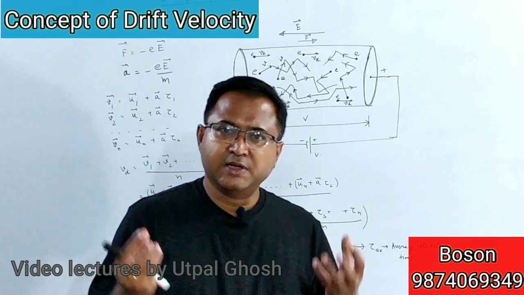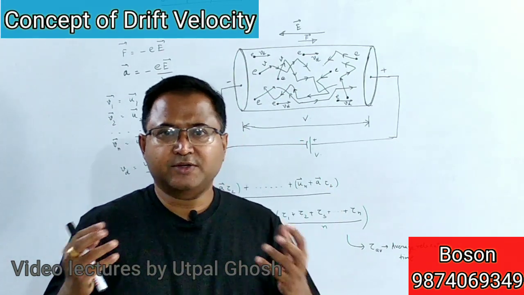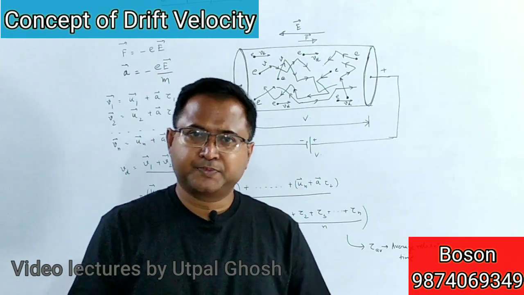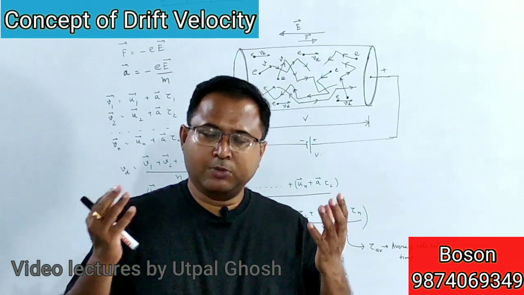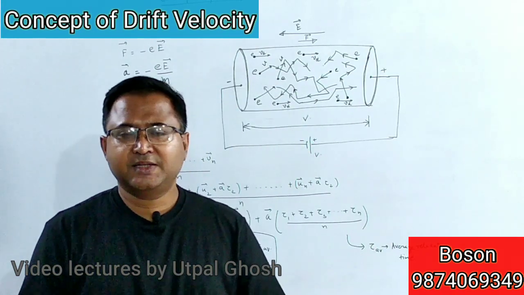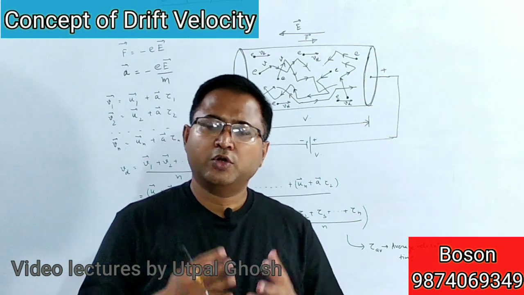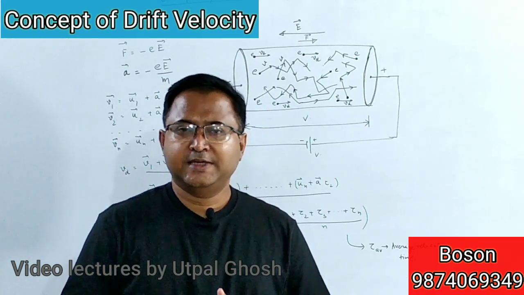So due to the thermal energy, the electrons move randomly inside a conductor. Normal conductor means when no potential difference is across it, and they move in such a way that the average velocity of all the electrons is 0.